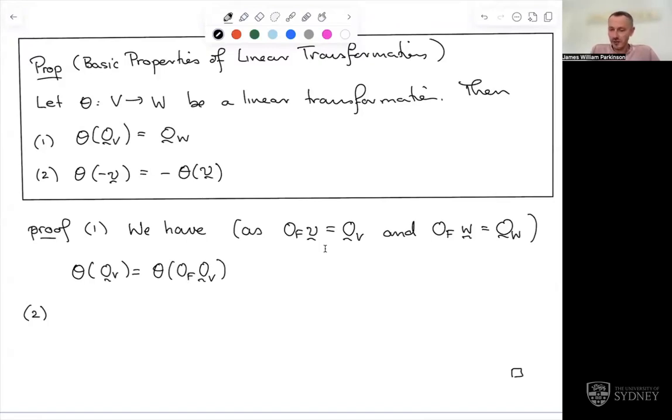A lot of zeros going around. This is 0 in the field times theta of 0 in the vector space. This is just 0, with the squiggle underneath it. This is 0 in W.